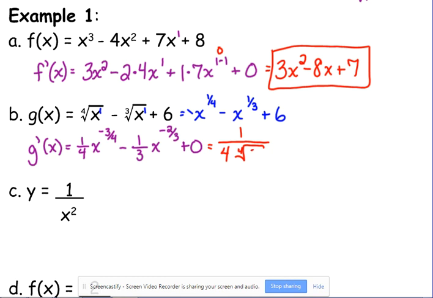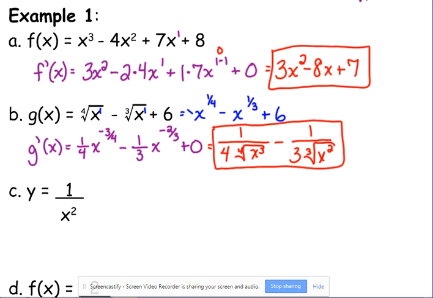So that is going to go in the denominator with the 4. So that is 1/4 times the fourth root of x cubed, minus 1/3 times the cube root of x squared. And then we don't need to write plus 0.